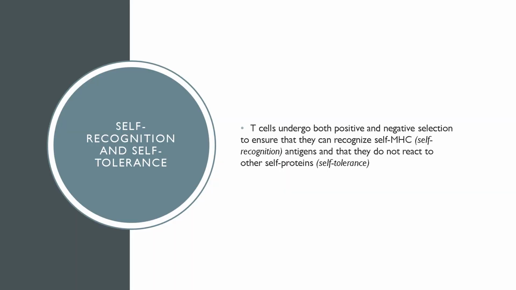Now, to function properly, your T cells must have two traits. They must be able to recognize your own major histocompatibility complex proteins. This is a process known as self-recognition. So that's the first trait that they have to have.